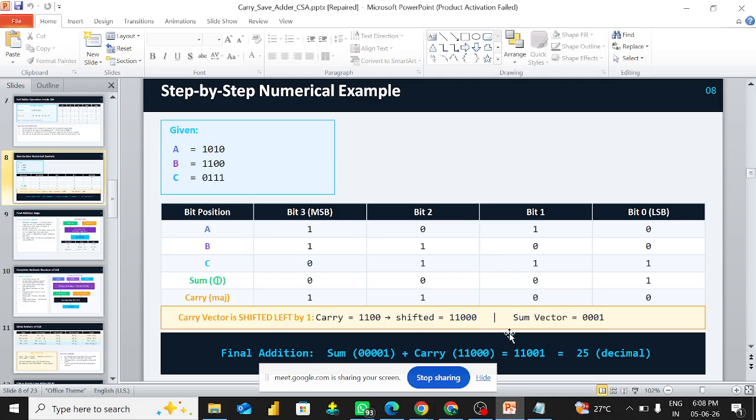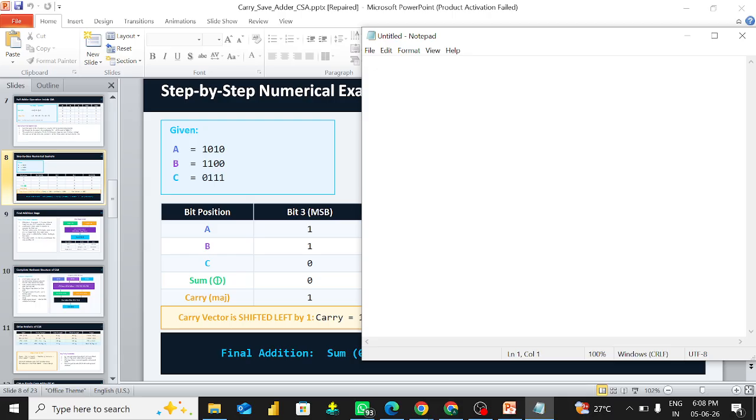Yeah, okay. Look, we were explaining this, right? So why are we shifting that carry to the next side? Because what happens if you are adding 1 plus 1?